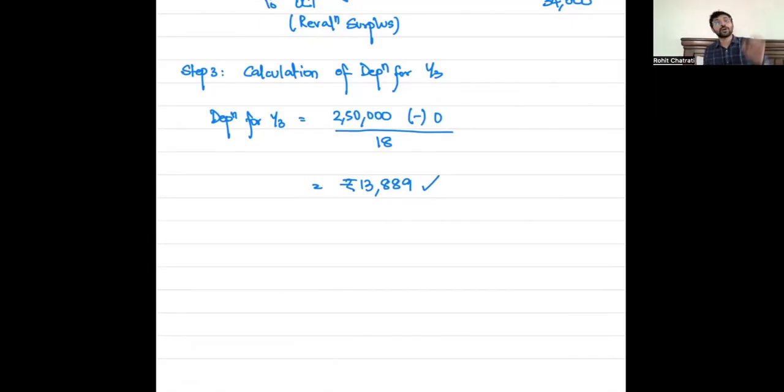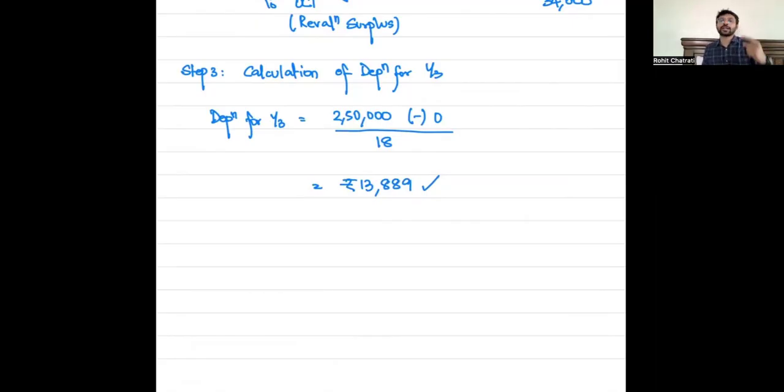So remember, you have to calculate a revised depreciation, whether there is a revaluation or whether there's an impairment. Both revaluation and impairment result in a change in the carrying amount of the asset, and both of them will actually result in a recalculation of depreciation. You cannot continue to charge depreciation based on the original calculations, whether there is a revaluation or an impairment.